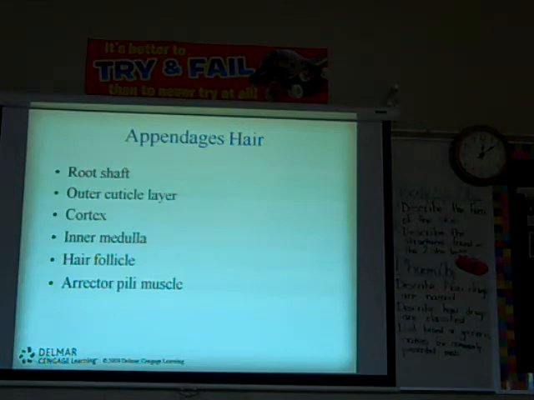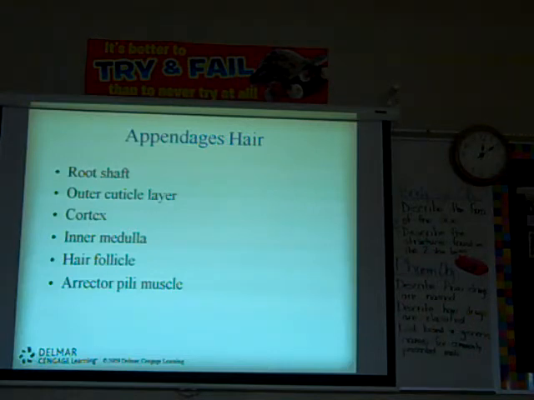If you pull out someone's hair follicle, then you can get their DNA. The root is embedded in the hair follicle, which is in the epidermis.